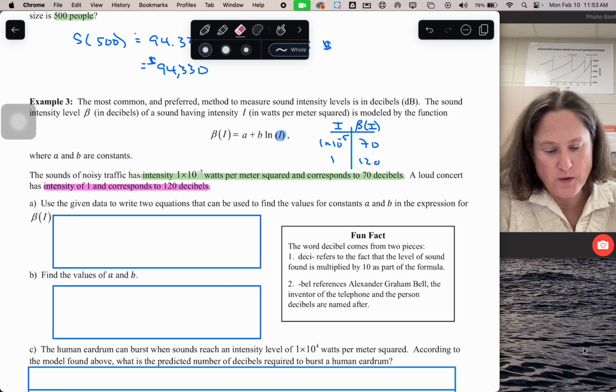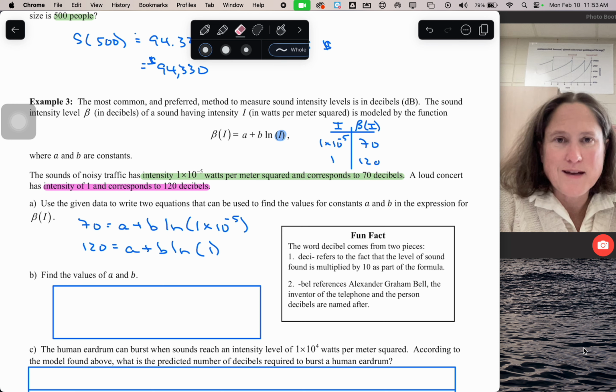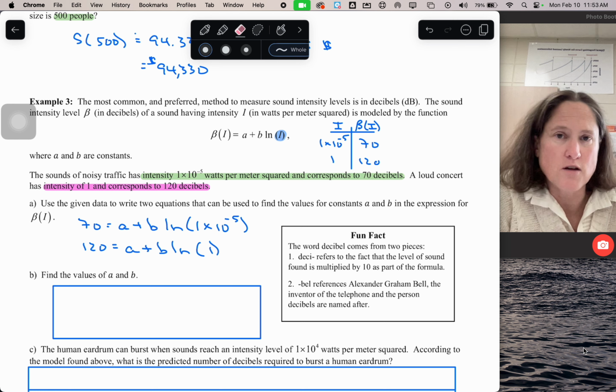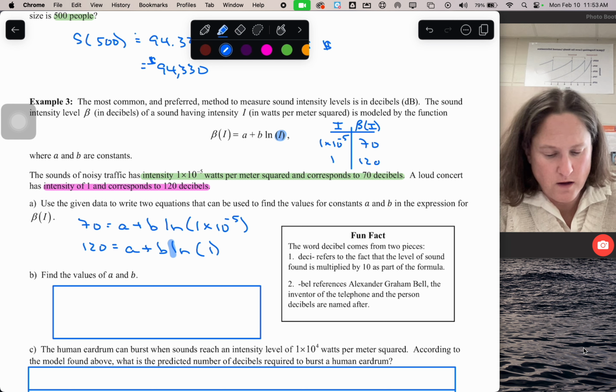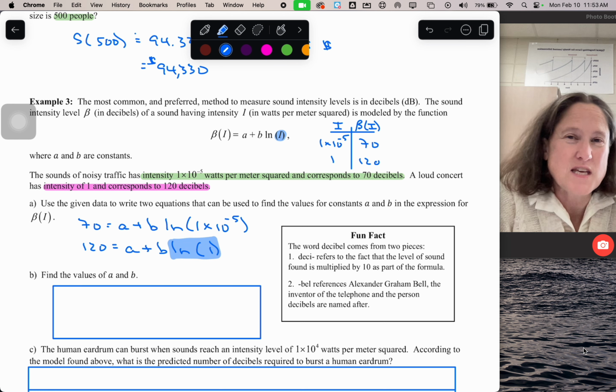So if we were writing 2 equations, I would go ahead like I did in example 1a and plug in the 70 for my output when my input is 1 times 10 to the negative 5th power. Then for my second equation, I would plug in 120 for my output when 1 is the intensity level. Now this one would be real easy to solve, because if you recall, the natural log of 1 asks: e to what power is equal to 1?